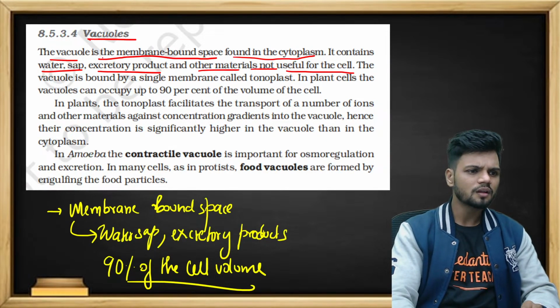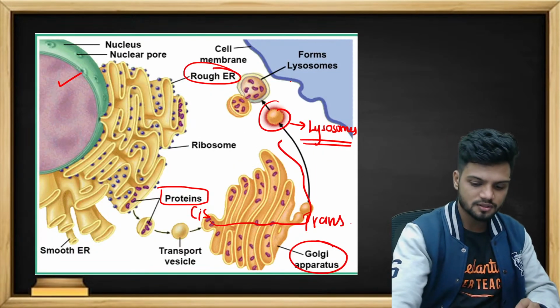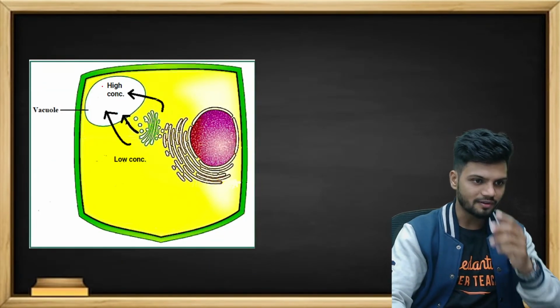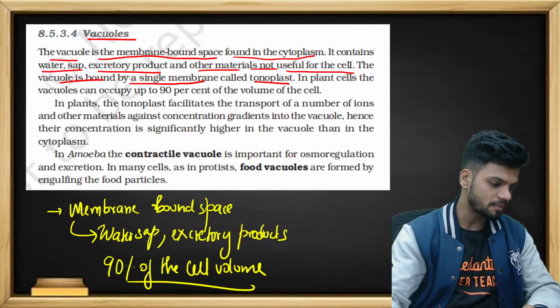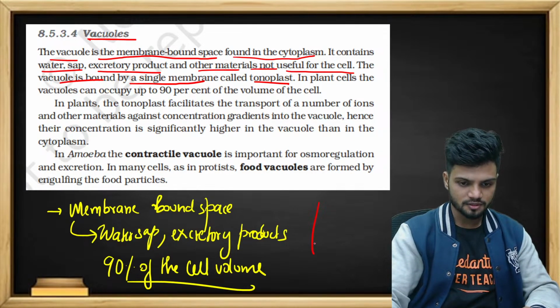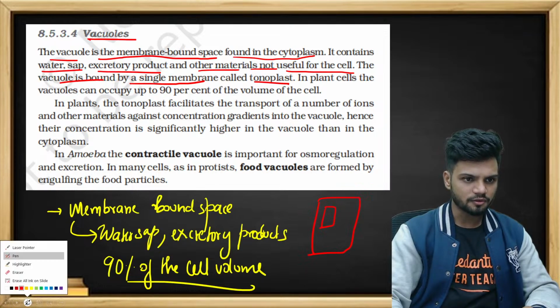The vacuole is bound by a single membrane called the tonoplast. Understand this. Imagine this is the cell and this is the vacuole. The vacuole is covered by a separate layer called the tonoplast. Very important.